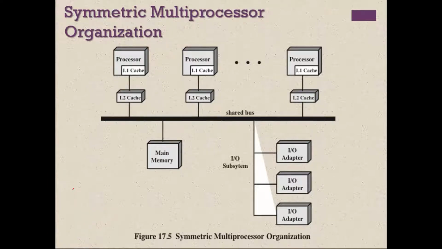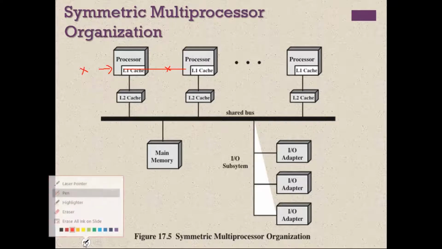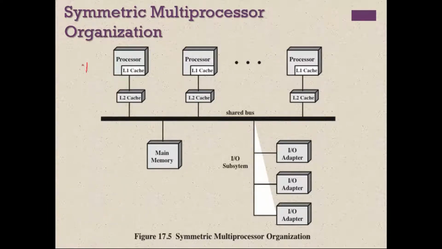So what is the cache coherence problem? Say there is a particular line, line X, available in the cache of this processor, and it is also available in the cache of this other processor. So line X is available in both processors. Now if this processor updates this line to X dash, then the value in the other cache for this line becomes inconsistent, or invalid.